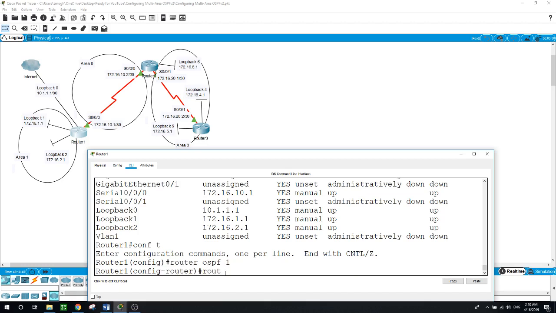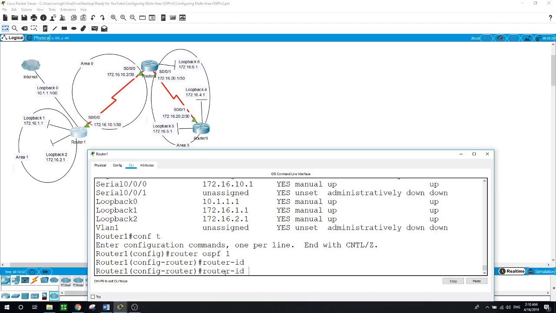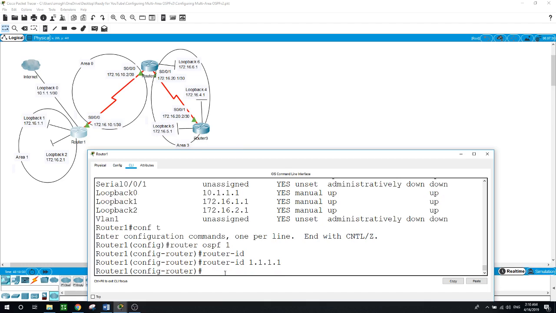Now router ID 1.1.1.1. Now the networks on router 1 are the two loopbacks and the interface here, 172.16.1.0.